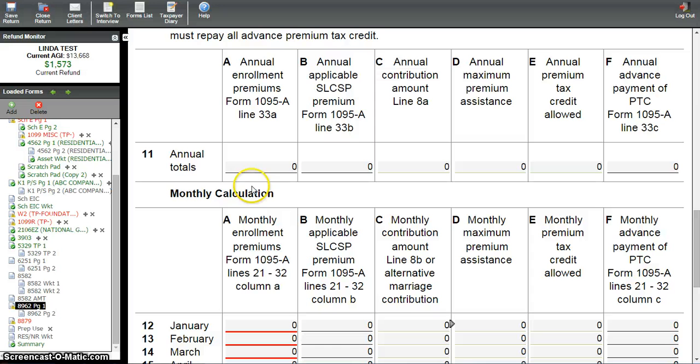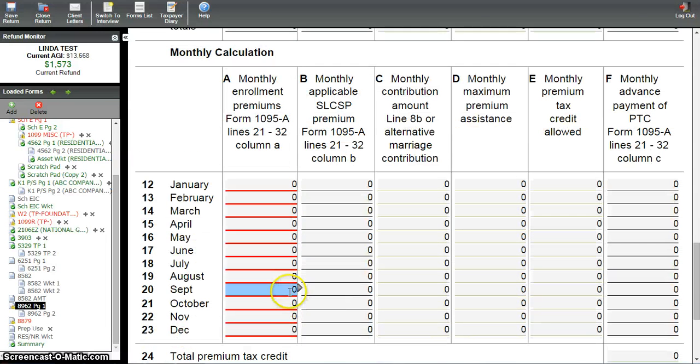Were they all the same, you would fill in the annual totals from the 1095A on line 11. In this particular case, we're going to fill in Miss Test's amount in columns A and B, the premium amount and the second lowest cost silver plan.